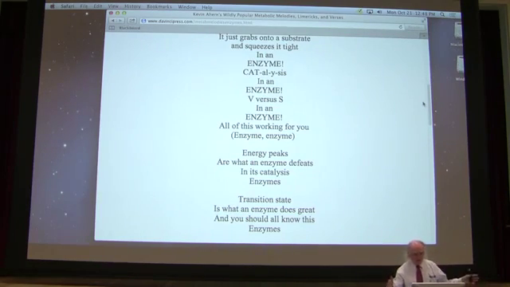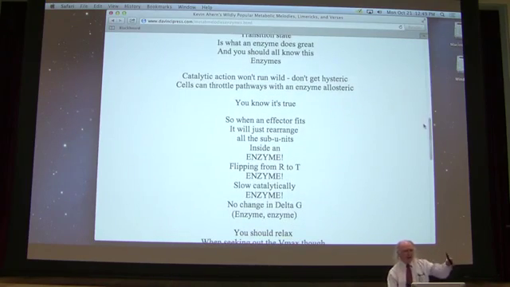Enzyme, enzyme. Energy peaks are what an enzyme defeats in its catalysis. Enzymes. Transition state is what an enzyme does great, and you should all know this. Enzymes. Catalytic action won't run wild, don't get hysteric. Cells can throttle pathways with an enzyme allosteric.